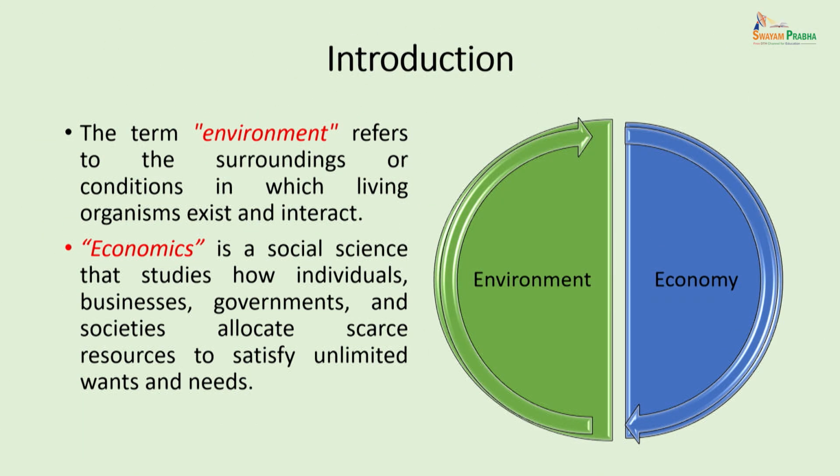As you can very well make out, environment and economy, or economic growth, are interrelated. As individuals, as households, as producers, we take the natural resources which are given to us by the environment.